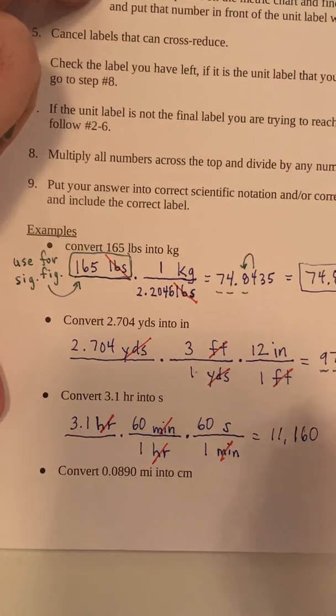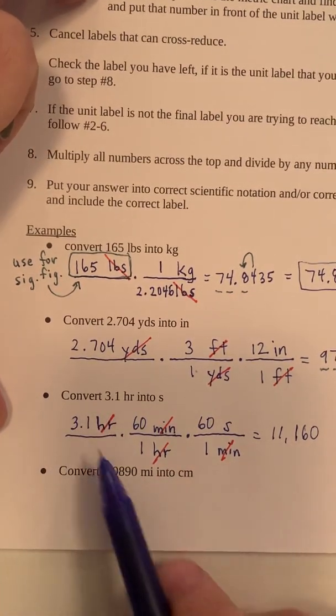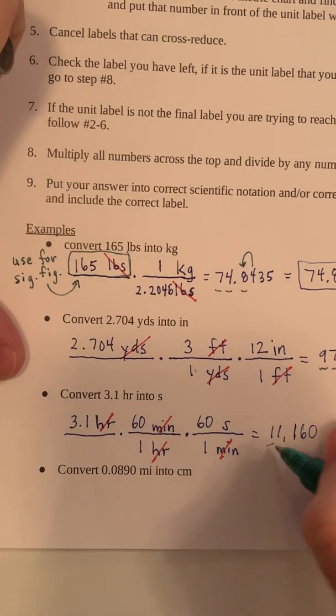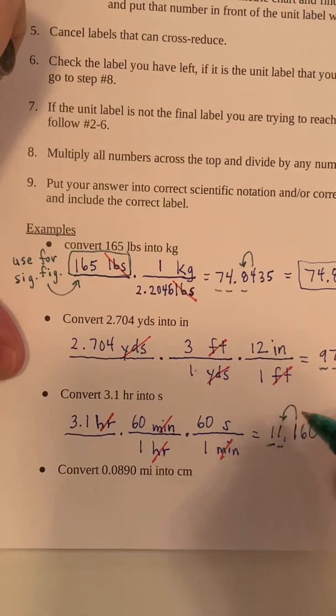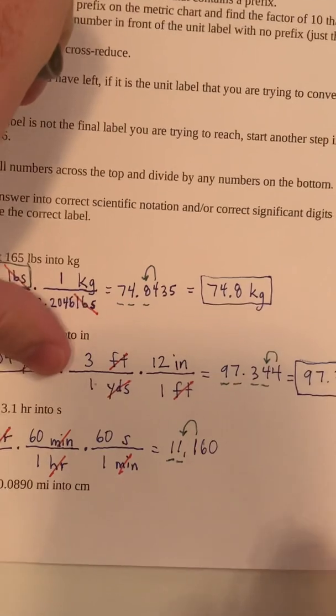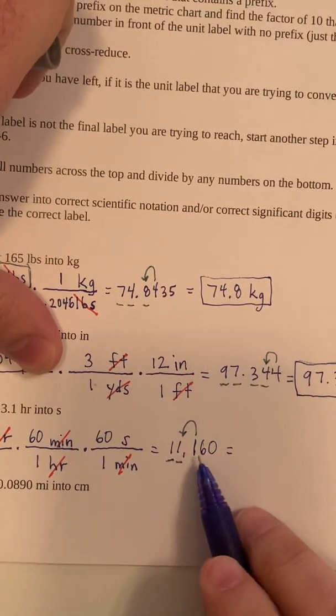So I end up with 11,160. Okay, now significant figures, same thing. Look here, there's 2, so it's first 2 here. Look here, to round that up, does not. So we end up with 11. Now, when you're doing it, remember you're rounding.